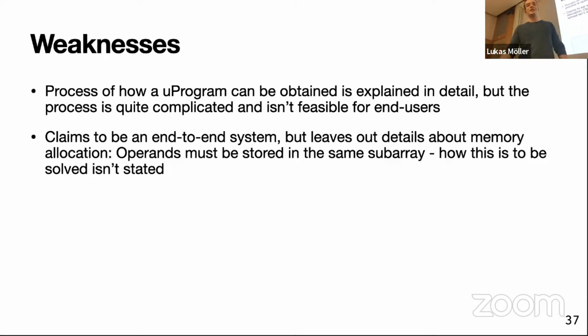It claims to be end-to-end, but some details about memory allocation are left out. They explain really well that it works with virtual memory and how page faults are handled. But what I didn't see in the paper was that operands have to be stored, of course, in the same subarray, and how that problem has to be solved isn't laid out.